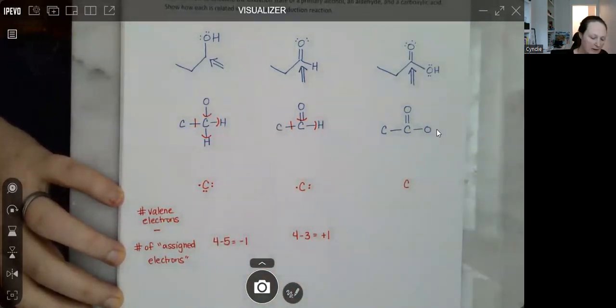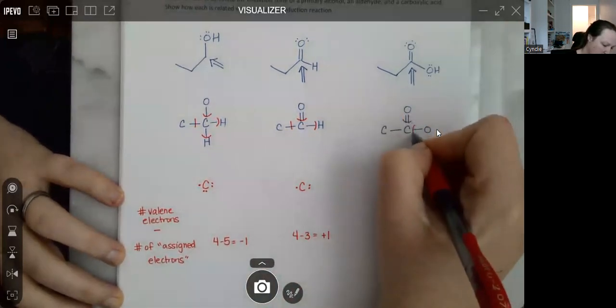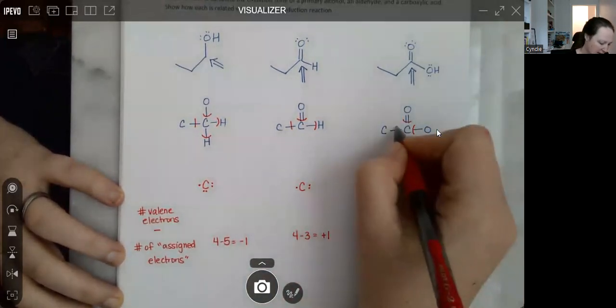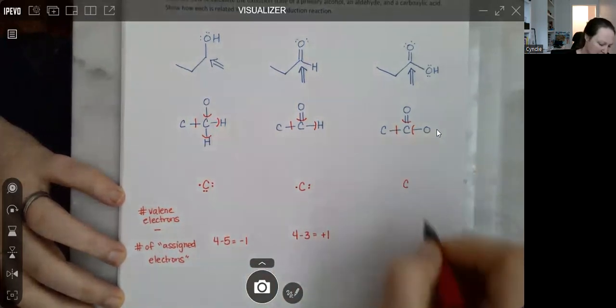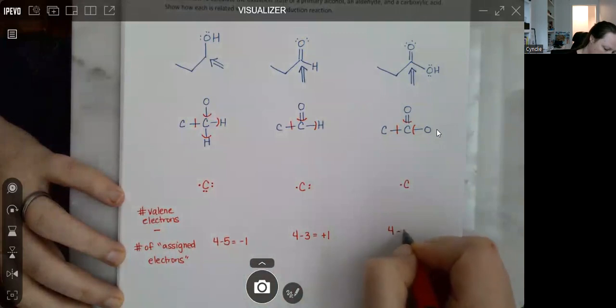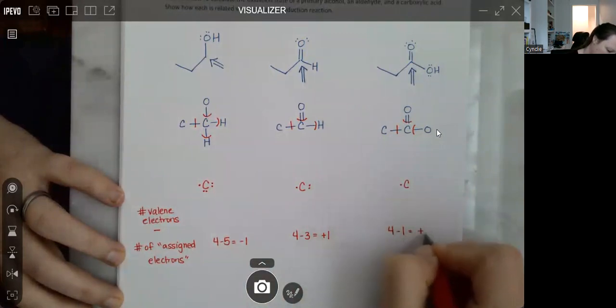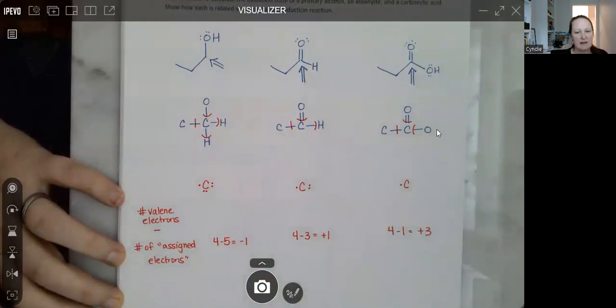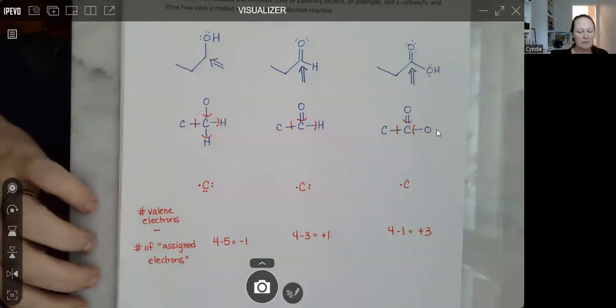So we have carbon. Oxygen is getting all of those electrons, and we have a 50-50 split for the carbon-carbon bond. So this would be 4 minus 1 is equal to +3, right?